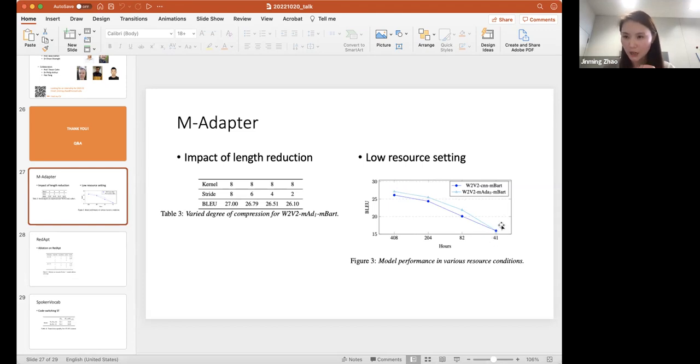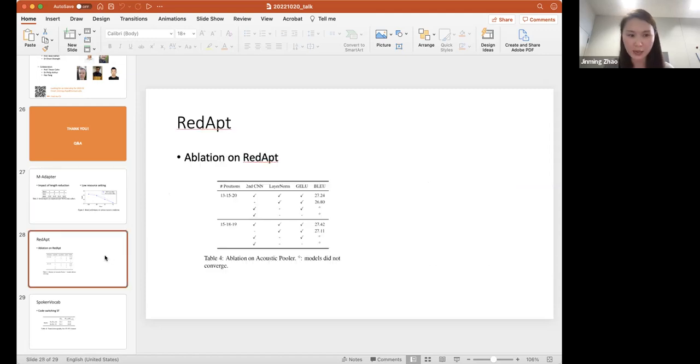This was somehow expected because our model does require sufficiently larger training data. We would like to have a similar plot for our second work, which is the RedApt, but we haven't got the chance to do it yet. But in the future, I would like to run similar experiments.